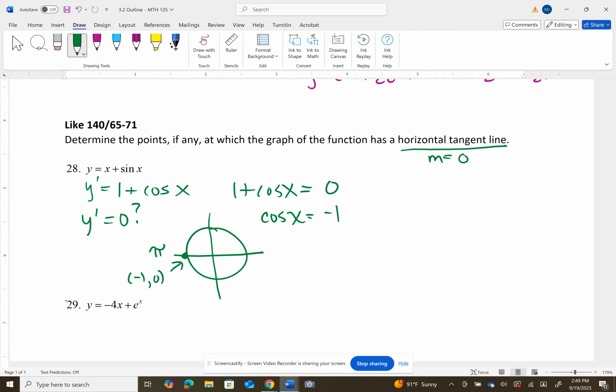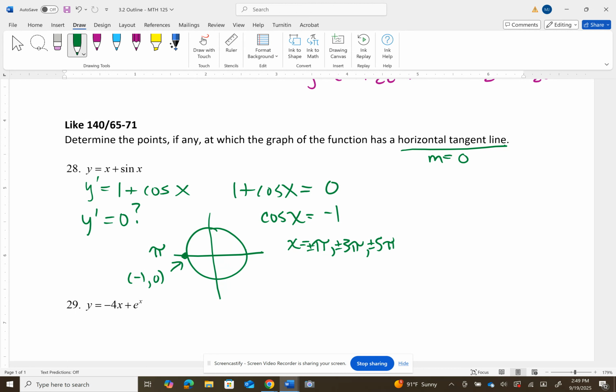That's pi. So I know when x equals pi, or 3 pi, or 5 pi, or you could go the other way and have a negative, so it's at all of those.